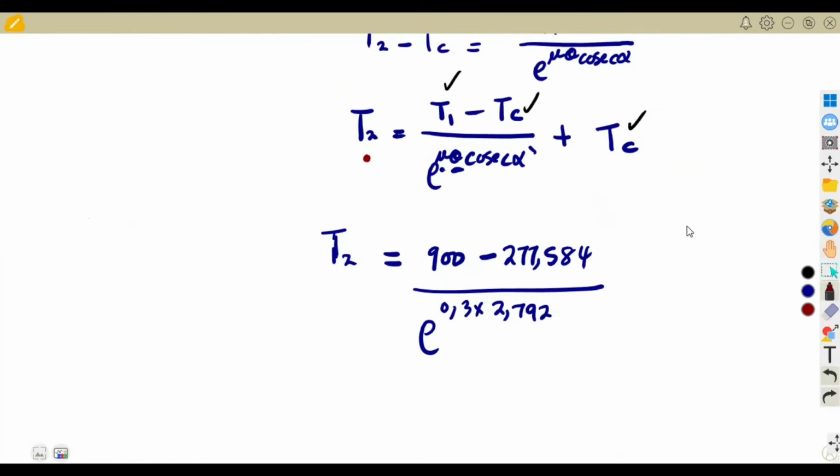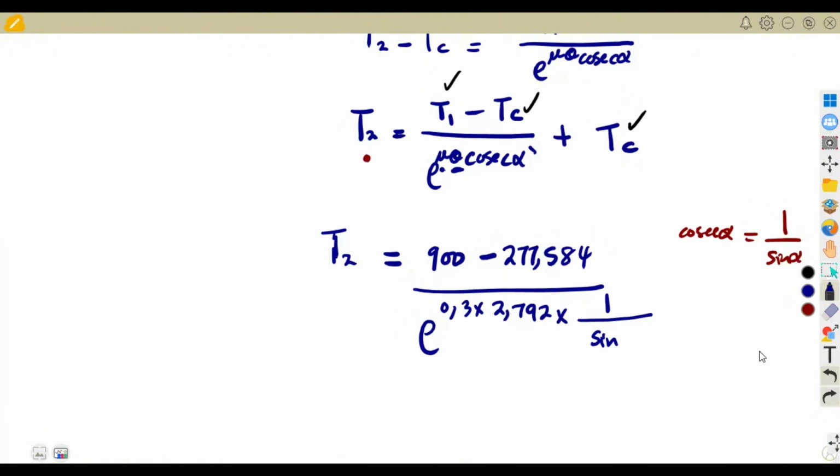Remember from our mathematics, the cosec, the ratio of the cosec of alpha, if it is x, it's 1 over the sine of x. So if it is alpha, it is 1 over the sine of alpha. So in order for you to access this on your calculator, how do you write it? It is going to be 1 over the sine of alpha, the ratio that corresponds to cosec.